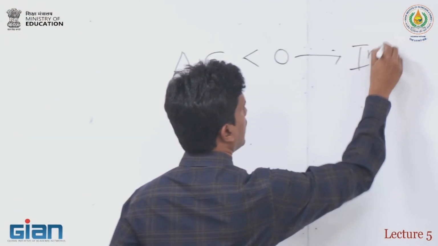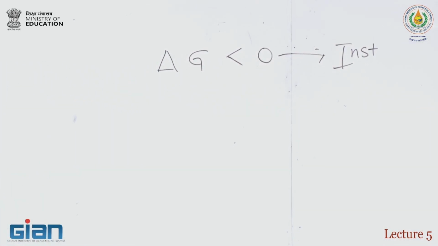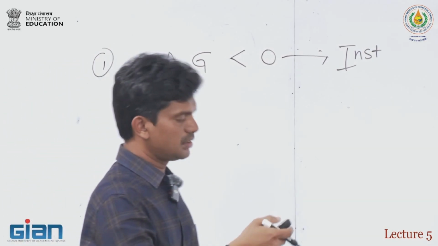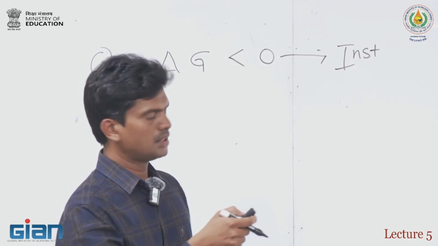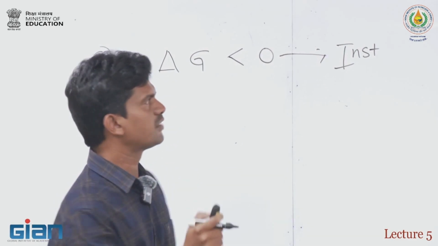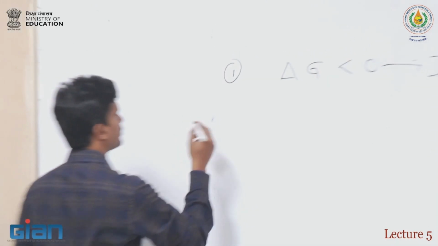That's what we call a spontaneous process, right? When you look at that equation, delta G is a negative number here. If adsorption has to happen, then this delta G should be negative, then only it will happen. At equilibrium, delta G is 0.